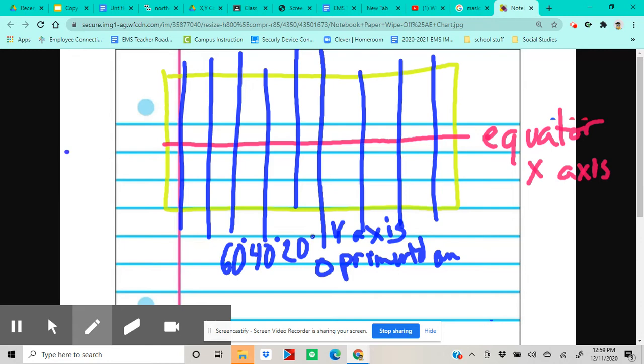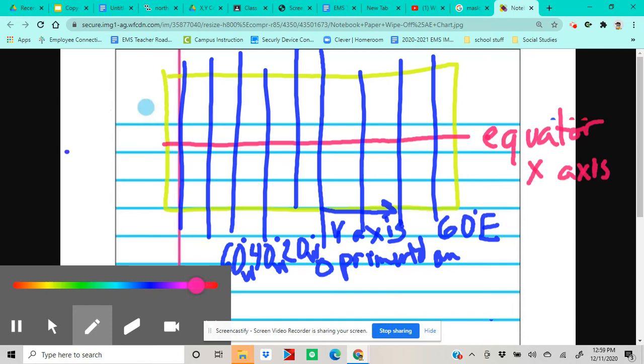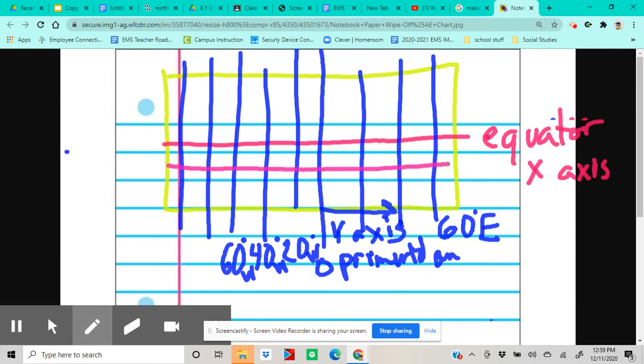But these are all west, 40 degrees west, 20 degrees west. If I go with my meridians to the east, then I describe it as 60 degrees east. But we also have more parallels.